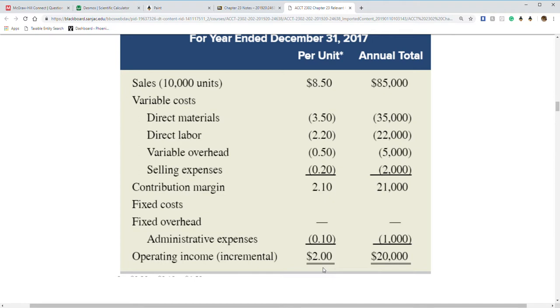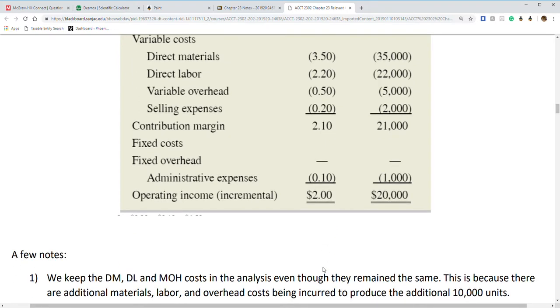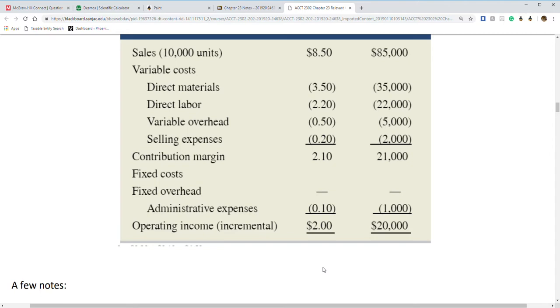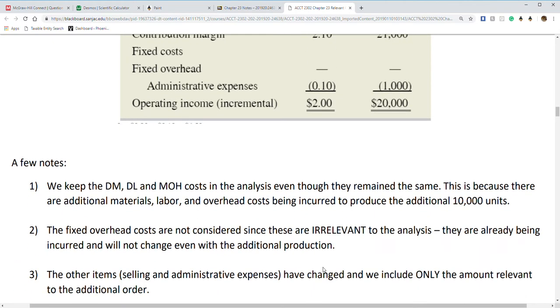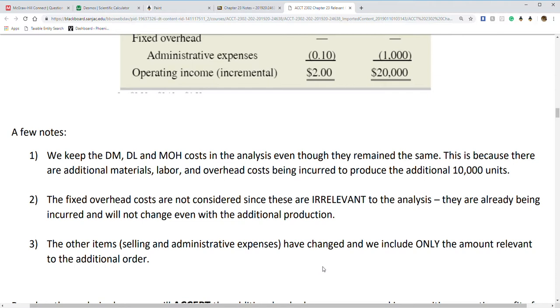Well, $2 times 10,000 is 20,000. We would actually make 20,000 in income. Woo woo! Show me the money. So when you break it down like this, it actually tells you that yeah, it's a good deal. It's a good one.